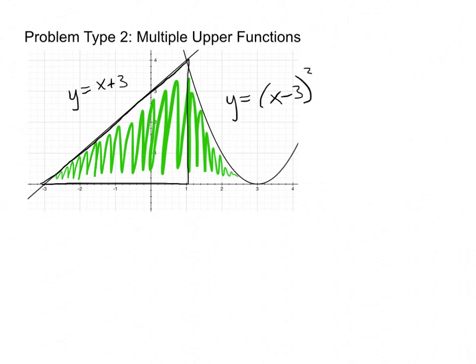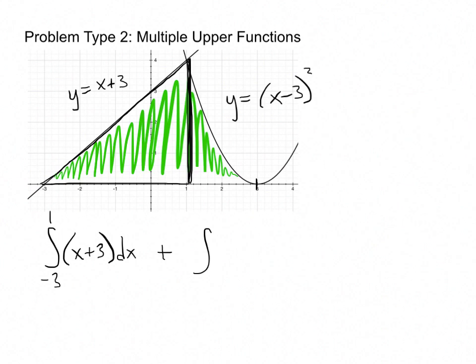I'm going to look at the integral from -3 to 1 of x plus 3 dx. Then plus, I'm going to look at a separate region between 1 and 3 over here where this thing stops. And for that part, since there's just one function bounding it, I'm just going to do the integral from 1 to 3 of this one.